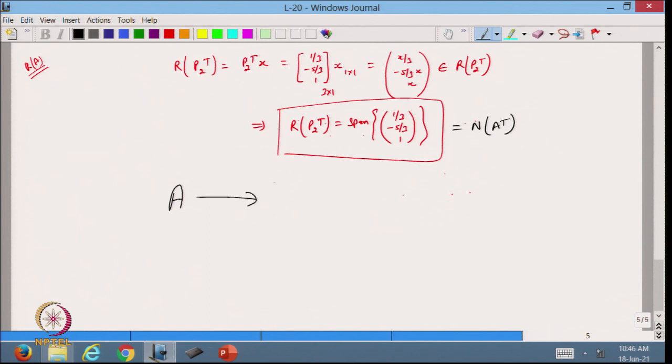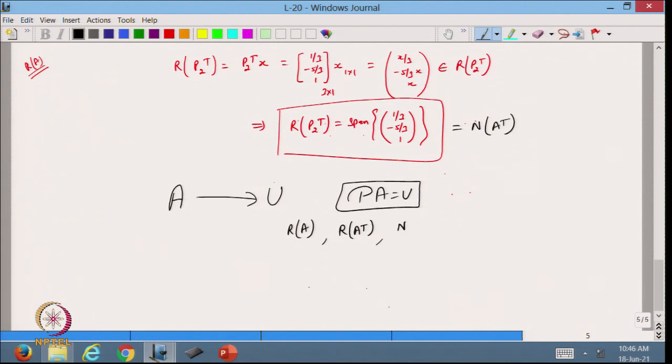So, from the given matrix A, I have converted this into U by PA equal to U. Then we are able to write the range space of A by the basic columns corresponding to the columns in the echelon form. We are able to write the range space of A transpose, that is the row space, with the non-zero rows of the echelon form.